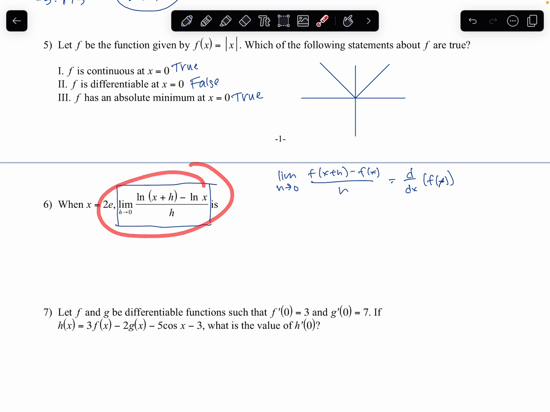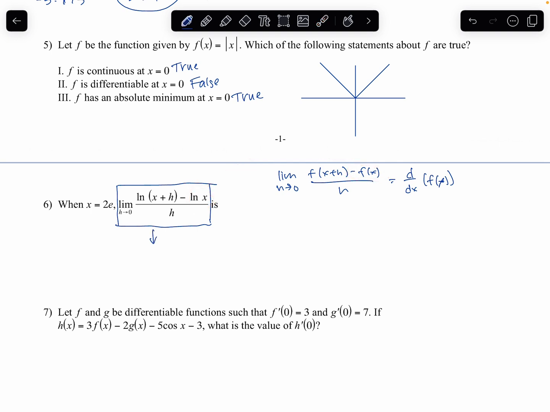What is the function? If there's no value being substituted in here, it's quite easy to see what f of x is. F of x is going to be the natural log of x. As long as we're not putting in an x value, like at x equals 2 or x equals 3, if we're not evaluating the derivative at any given point, it's quite easy to tell from the formula what the function is.